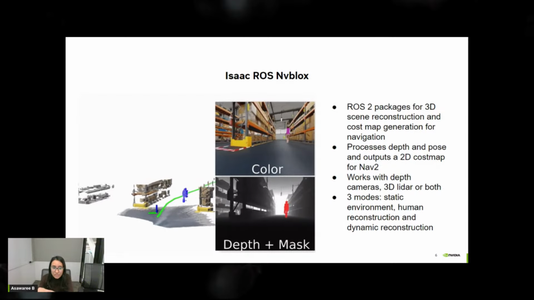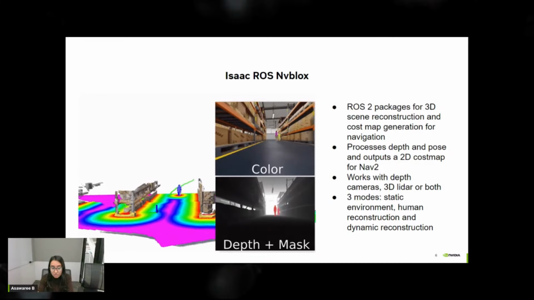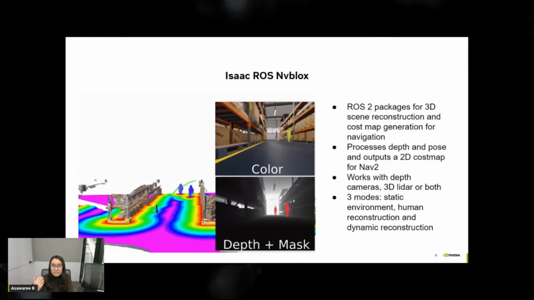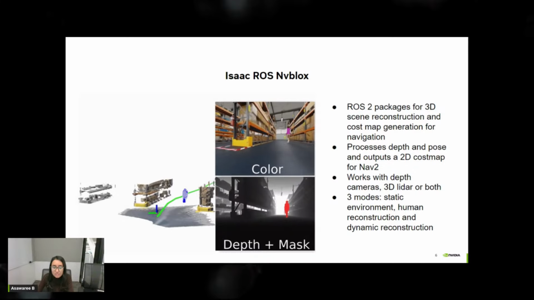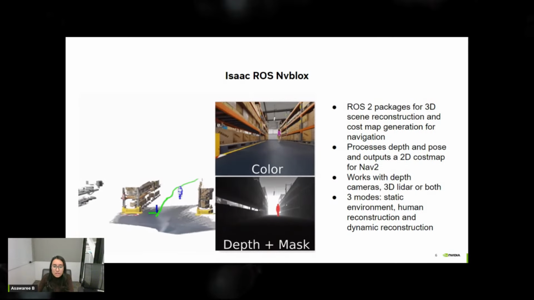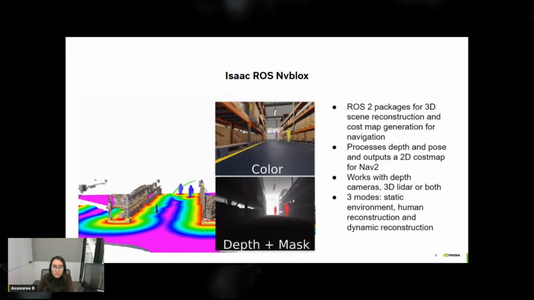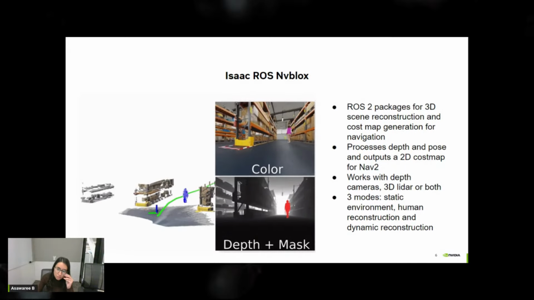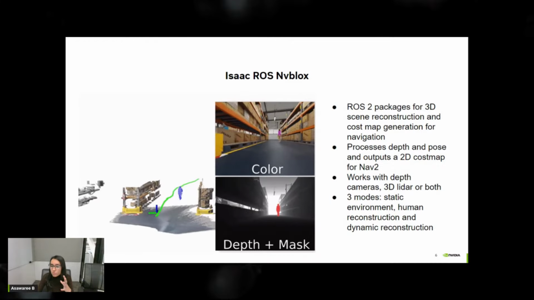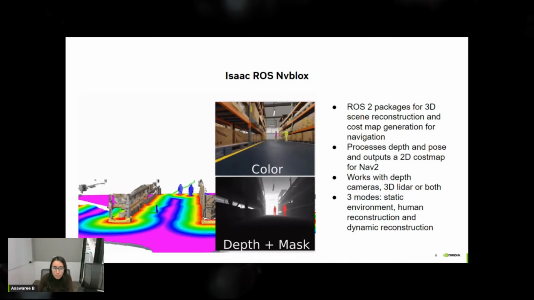Imagine a 2D grid where each cell contains a cost that represents whether the cell is empty, whether it's occupied, or whether its status is unknown. Cost maps are generated to detect and avoid obstacles in the environment using information from sensors like cameras or LiDARs. For Isaac ROS Nvblox, you can use a combination of both, or just a 3D LiDAR or just a camera for depth images.